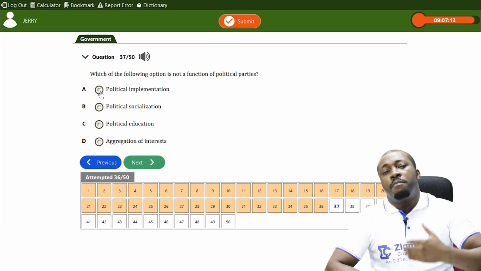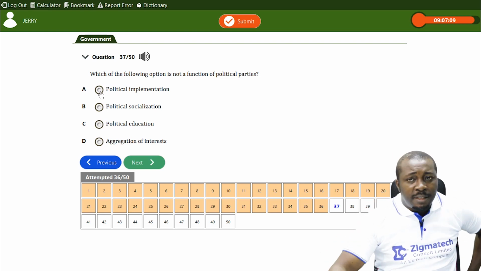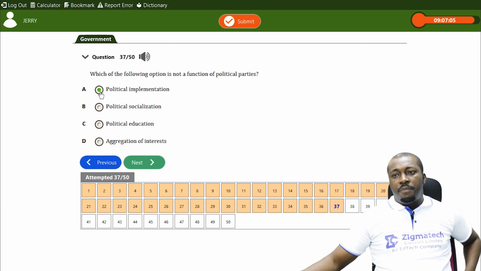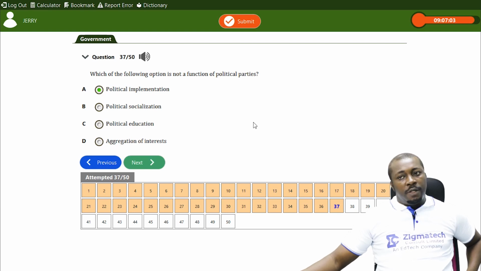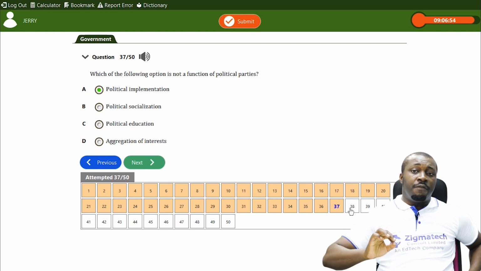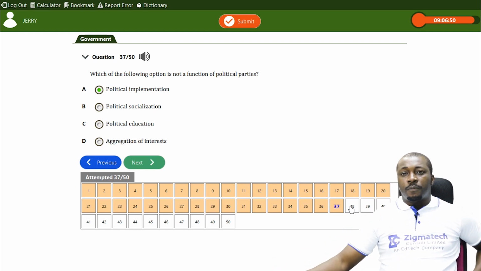It's when political parties come into power that they begin to implement policy. So anything implementation is not for political parties. When they achieve their aim, the government itself is not a party now. The government itself, through the executive, will begin to implement policies of government.